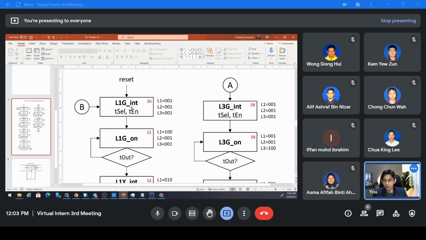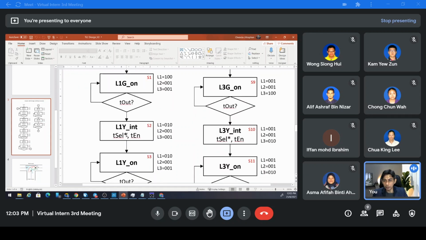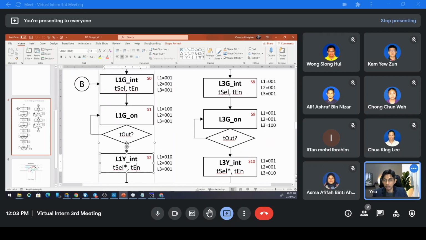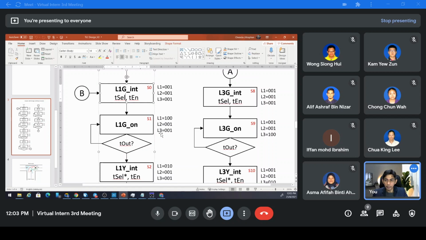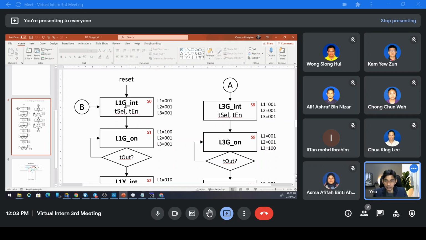And we should select T enable. So if I write like this, it means that T select equal to 1, T enable equal to 1. If equal to 0, T select equal to 0, I use this star like this, meaning T select equal to 0. Why? Because writing this uses more space, right? So the easiest way is this. That means T select equal to 1.